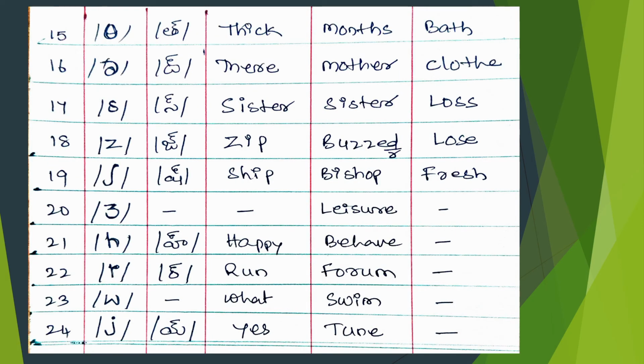This sound is represented with this letter in Telugu, and it happens initially, medially, and finally. Initially, it happens in words such as sister, sing, see. The example sister is also used as a medial one: s is initial and s is medial.